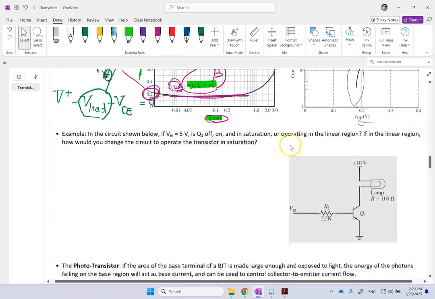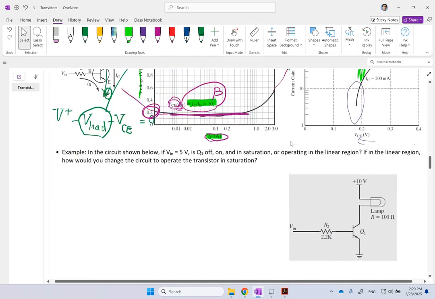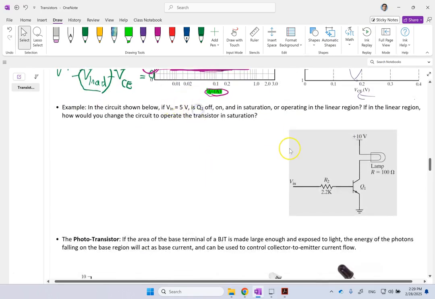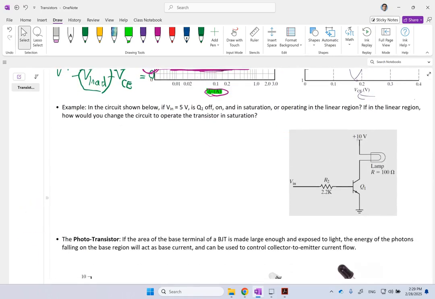We're going to use that in this next example to solve the problem. So a rule of thumb, 0.2 volt for VCE in the saturation region is something that we can work with. Now let me demonstrate all of these things that I said in this example.